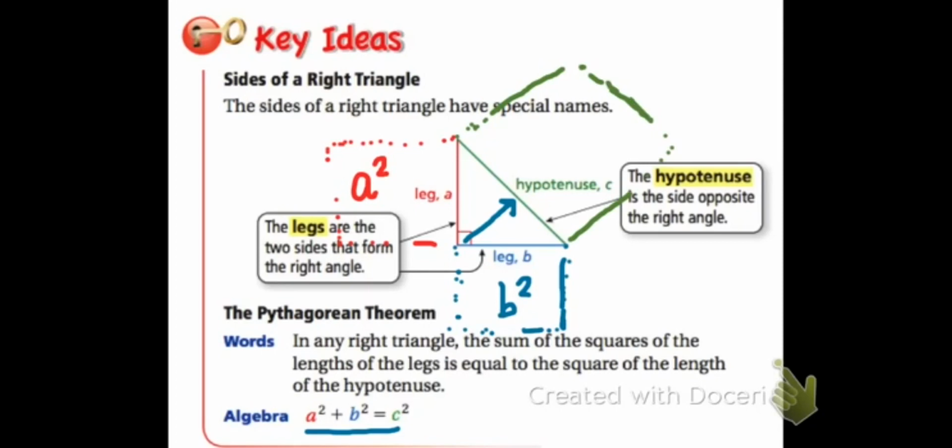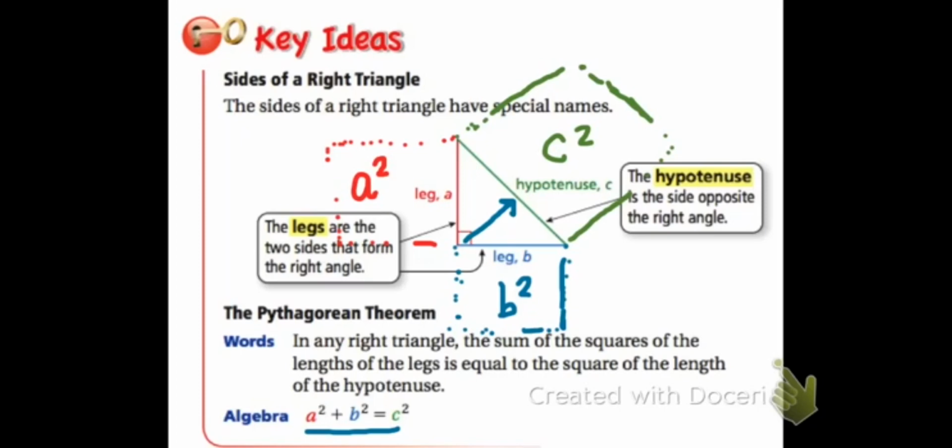Not very square, but we'll make it work. And that would be called C squared. So if you added the amount of space taken up by the square with side length A and the amount of space taken up by the square with side length B, they would be equivalent to the amount of space taken up by this square, C squared, with side length C.